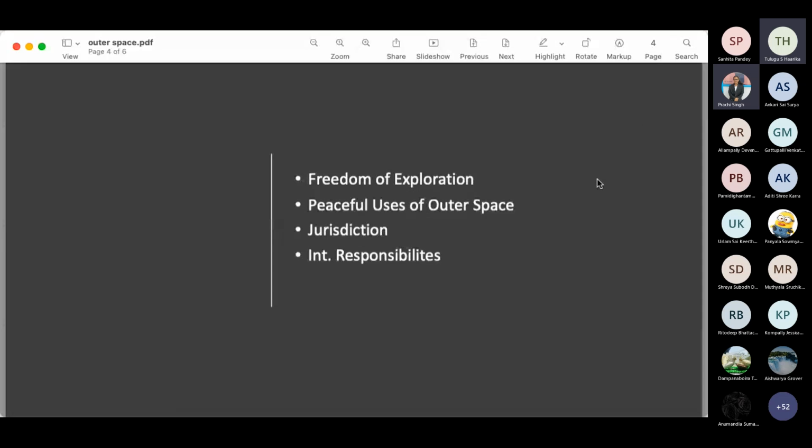Anyway, so the next contention is the peaceful uses of outer space. This treaty provides that outer space, the celestial bodies, the moon, and other planets, etc., shall be used by the nation states exclusively for peaceful purposes.